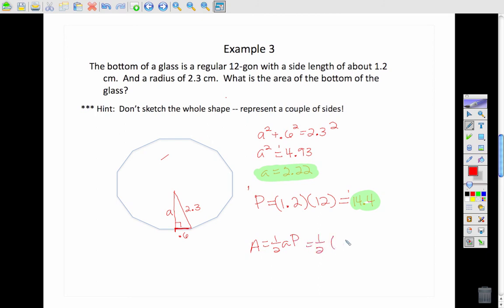So we're going to take area equals 1/2 A times perimeter. So I have 1/2 times 2.22 times 14.4. And you just plug that into your calculator and multiply that through. You're going to get approximately, and you can follow along on your calculator to make sure you get the right answer too, 16 square centimeters.